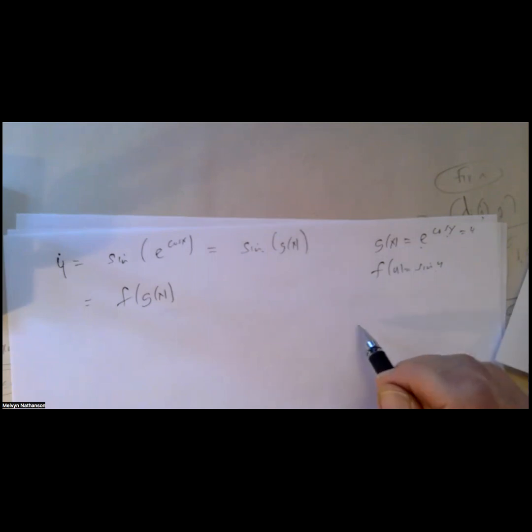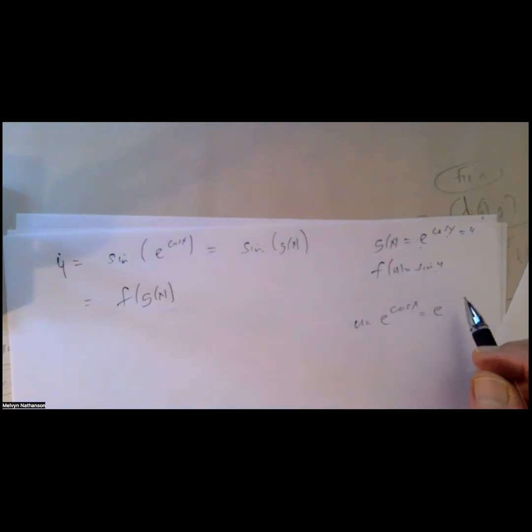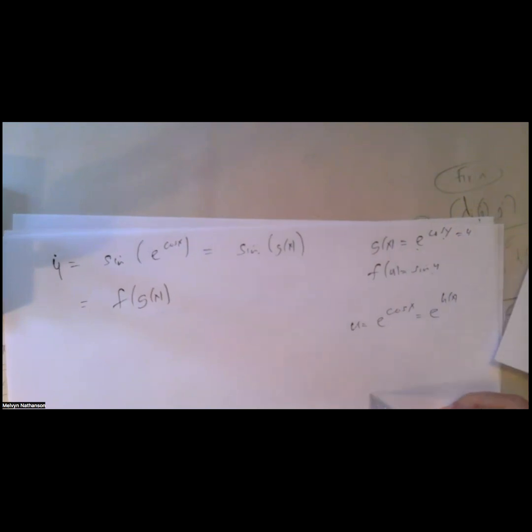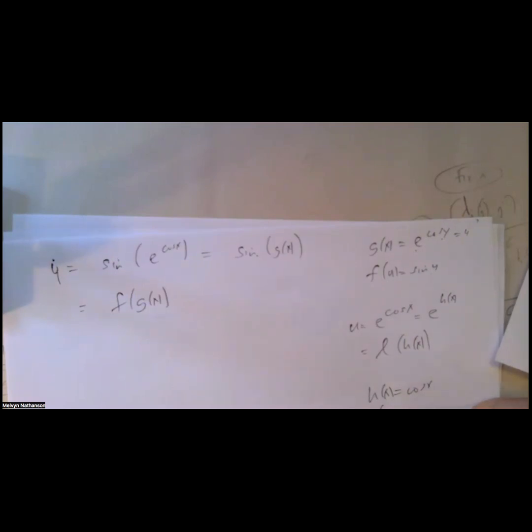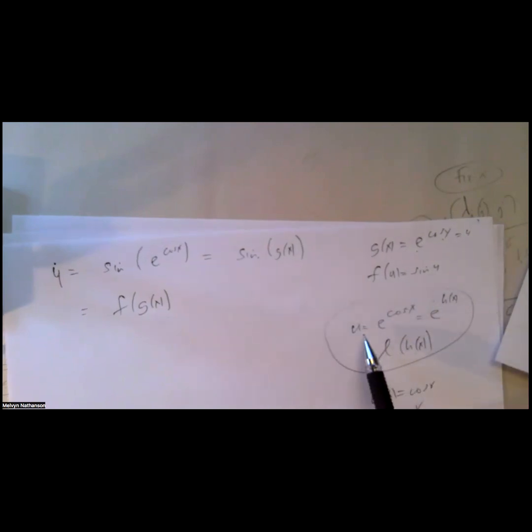So if u is e to the cosine x, this is a composite of e to the, let me call it h of x, where h of x is cosine x, and I can write this as L of h of x, where L of v is e to the v. So this function is a composite function. U is e to the cosine x, that's L composed with h of x.